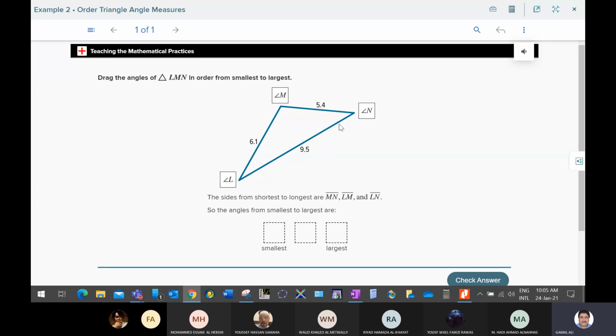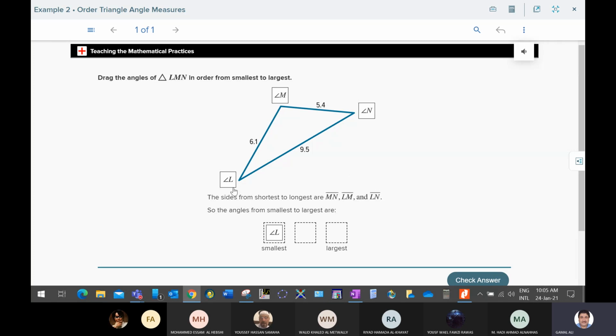What is the smallest side here, Kareem? I think MN. What is the opposite angle for it? The opposite angle is angle L. So I can put it in the first order. Okay, what is the second side?